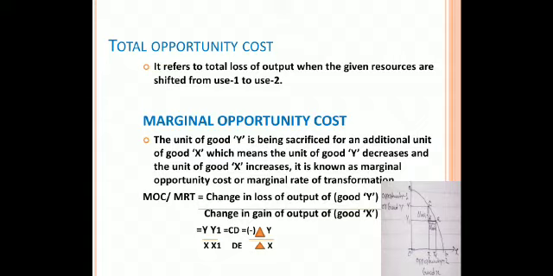So MOC or MRT equals change in loss of output of good Y upon change in gain of output of good X. From the given figure, we can make an equation like this: MOC equals Y minus Y1 upon X minus X1, or CD upon DE.